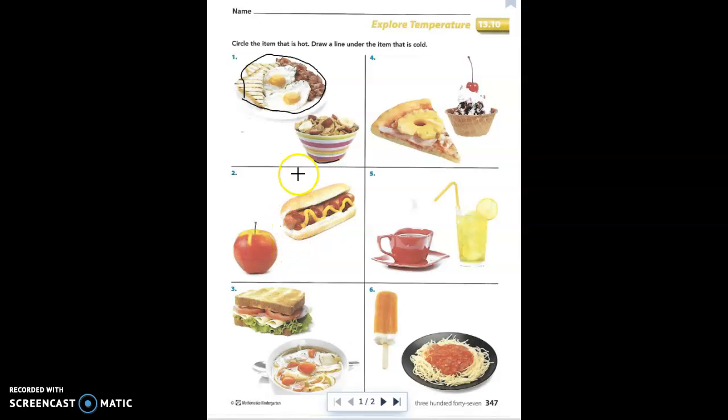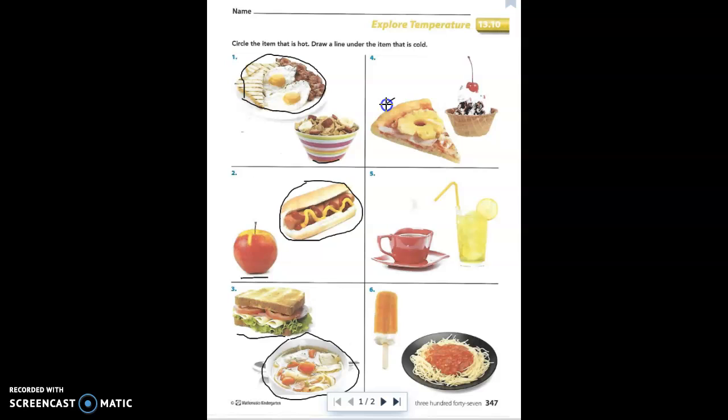For number 2, the hot dog, as its name implies, is the hot item, and the apple is the cold item. Down here I have a sandwich and a bowl of soup. Soup is hot typically, and a sandwich is more often cold.